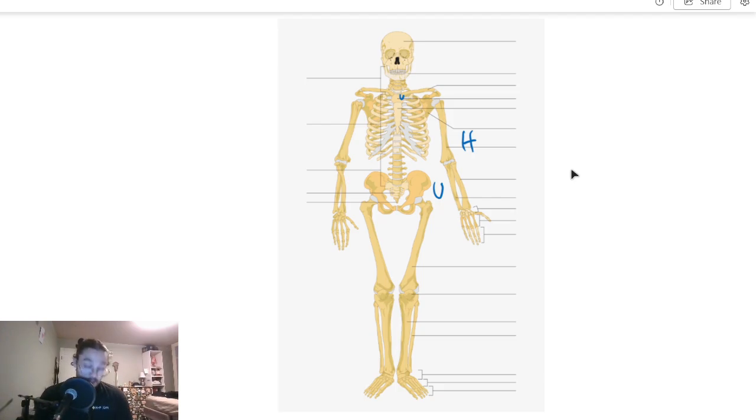Another thing about the humerus is that here's an example of why knowing the bones is so good. Because right here, you have what's called the deltoid tuberosity. A tuberosity is just like a little lump or bump where something inserts, right? So your deltoids actually insert into the deltoid tuberosity.